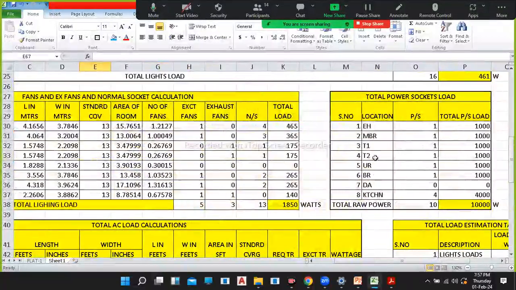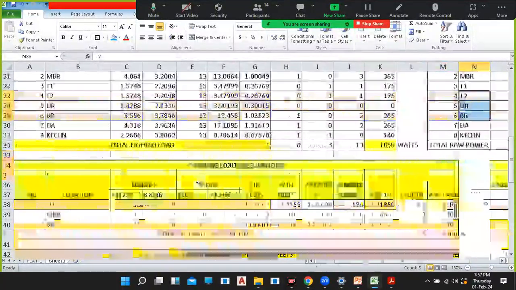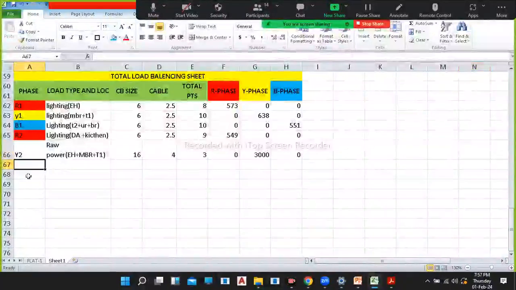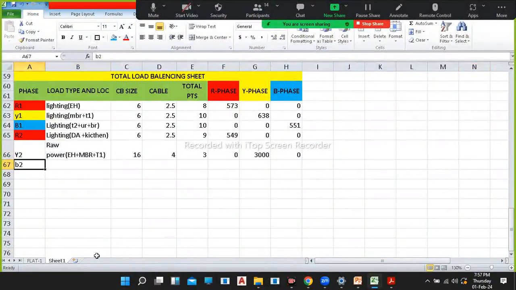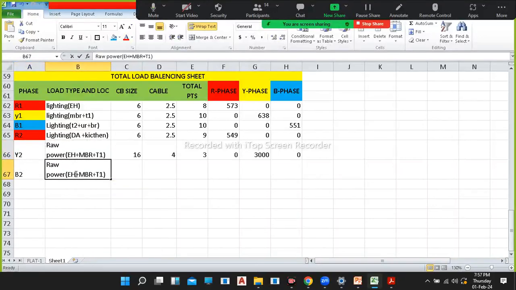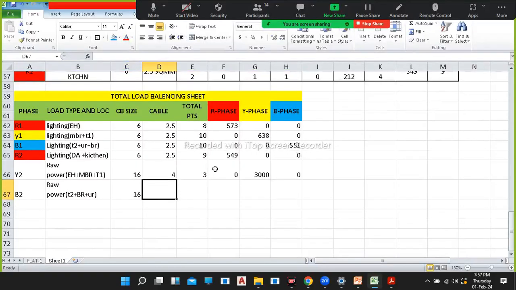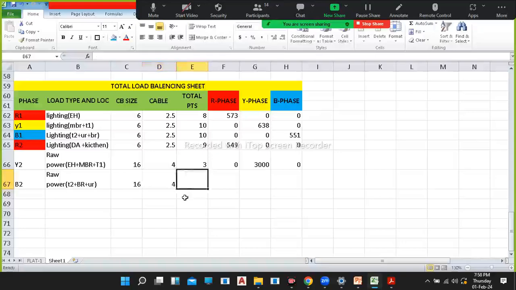Now the remaining, toilet 2, utility and bedroom, I'll take in another phase, Y2, B2. So same raw power, but here it is T2, toilet 2's one, plus bedroom's and utility's, same 16 amps, and here it is 4 square mm.